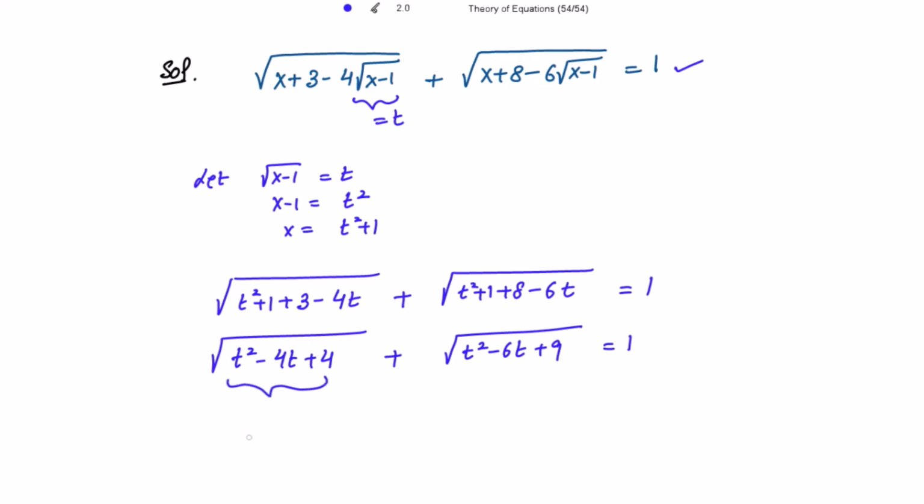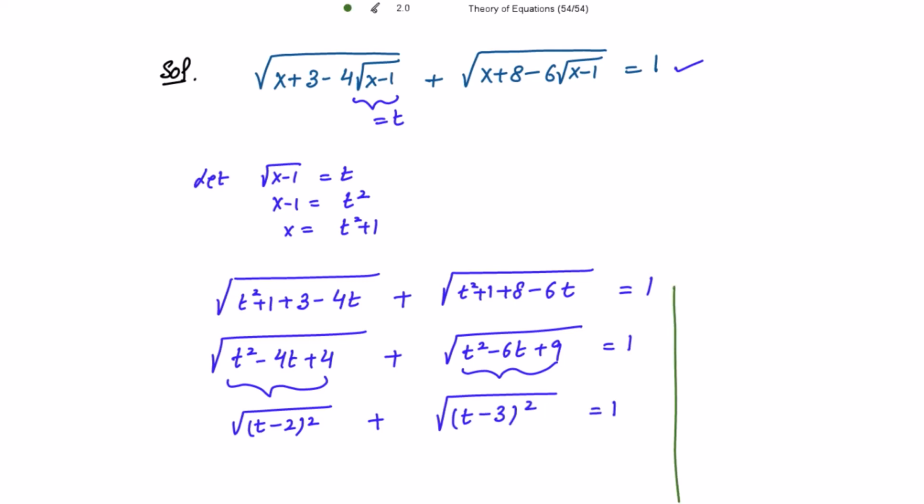Making the perfect square, we get square root of (t minus 2) whole square plus, again making the perfect square, square root of (t minus 3) whole square equal to 1. A very nice property we have for absolute values is that the square root of x square is equal to the absolute value of x.